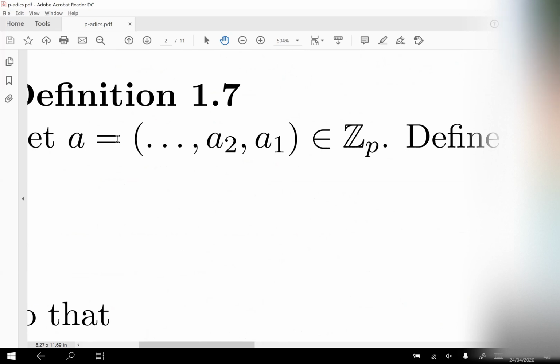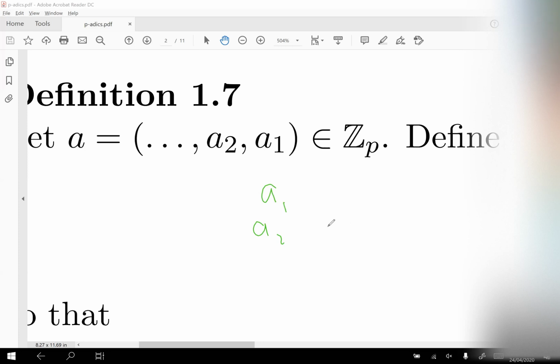Can I get my pen back out? So a_1 is there as the first thing, but then the second thing is a_2, and a_2 actually is something plus a_1, if you get what I'm saying.